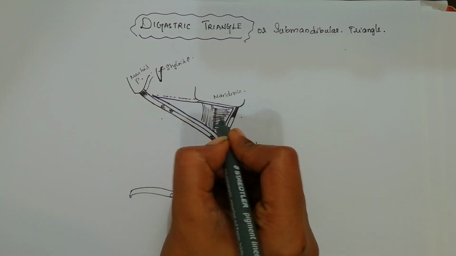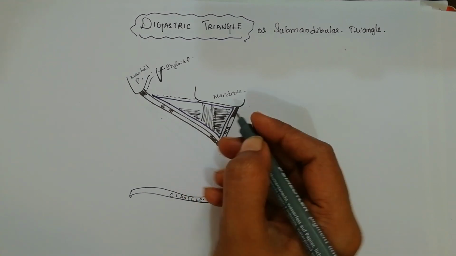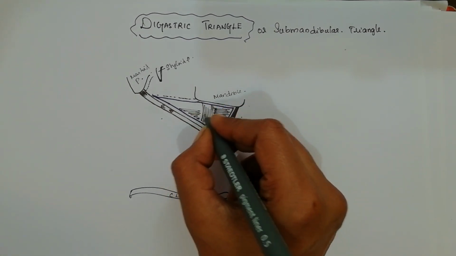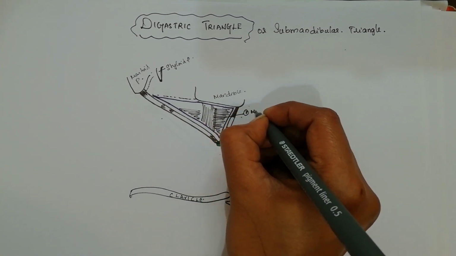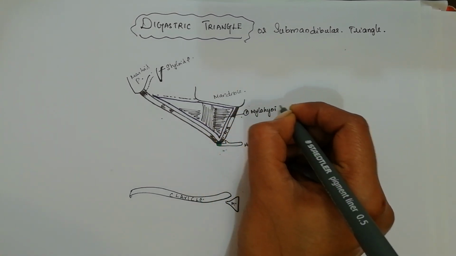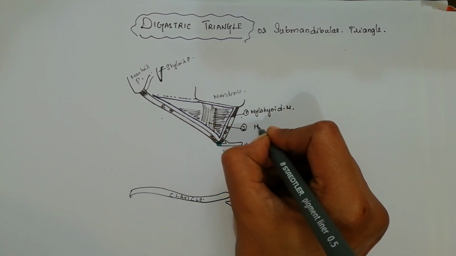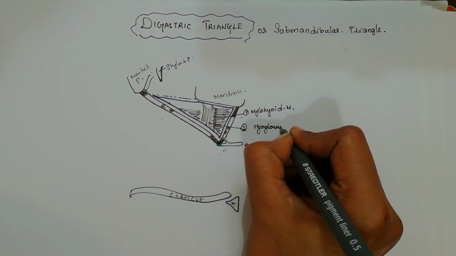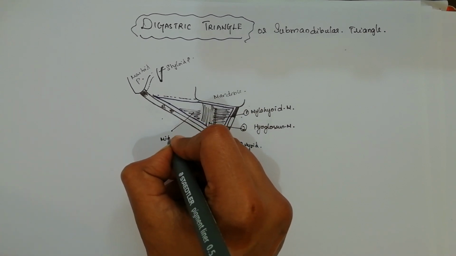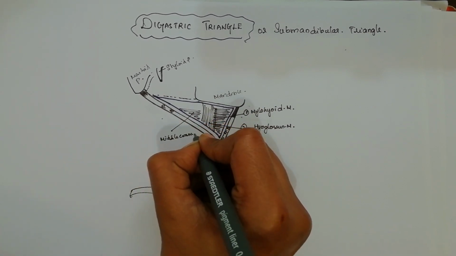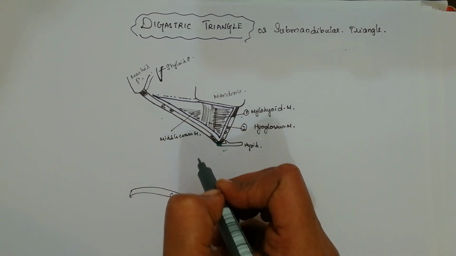So remember the muscles forming the floor of the digastric triangle: first the mylohyoid muscle, which is the oral diaphragm muscle, then the second muscle, the hyoglossus, then the middle constrictor muscle. All these three muscles contribute to the floor of the digastric triangle.